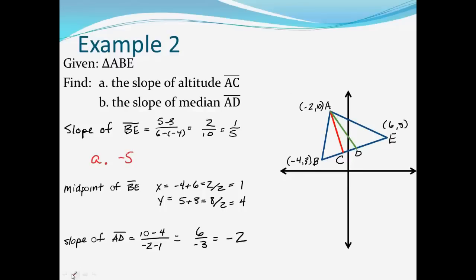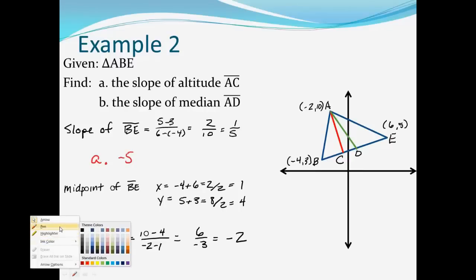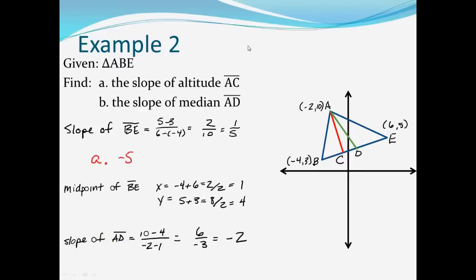So for example, I'm going to try and write this with the mouse, so bear with me. Let's say I had a slope of 2 over 3. The opposite reciprocal would be negative 3 over 2.